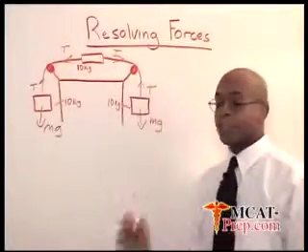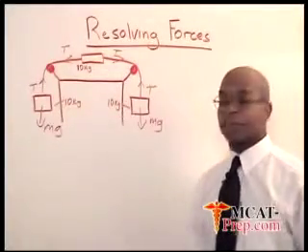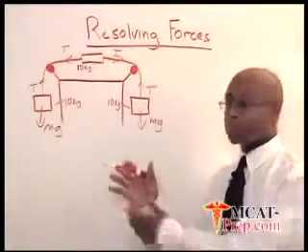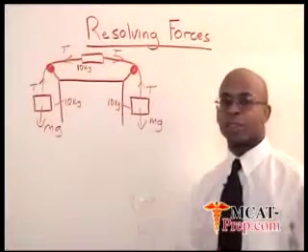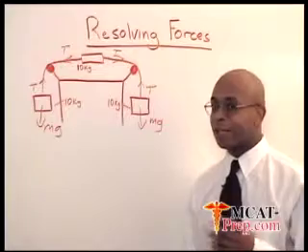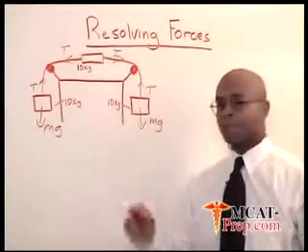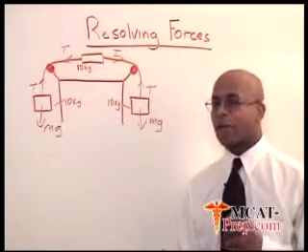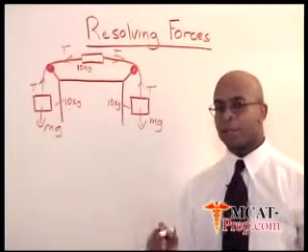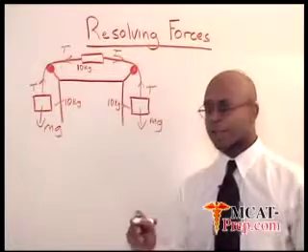Why couldn't we just say that clearly this is not in motion because it's perfectly balanced? Shouldn't it be not in motion? Not necessarily. All we can say is that this system is not accelerating. Big difference. And the key equation here is Newton's second law.